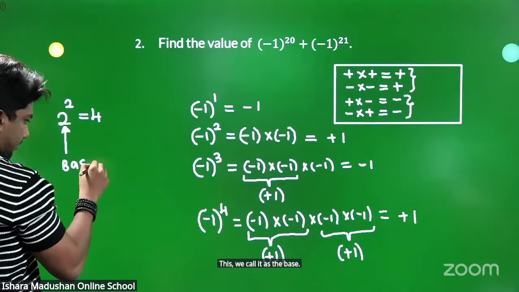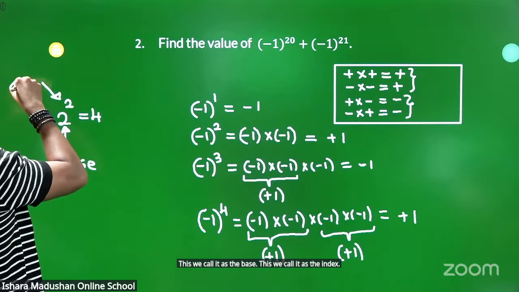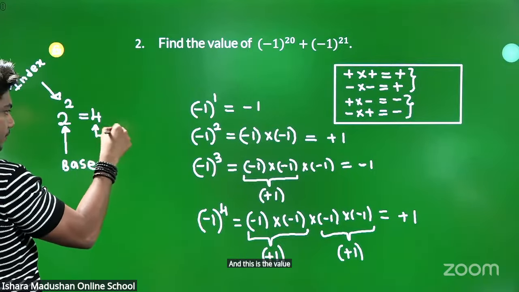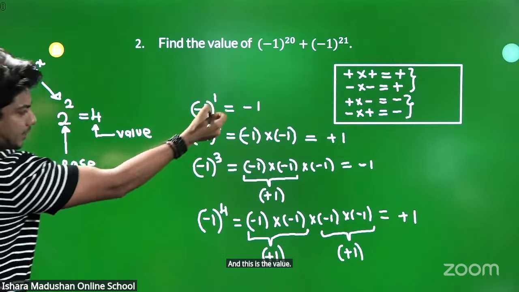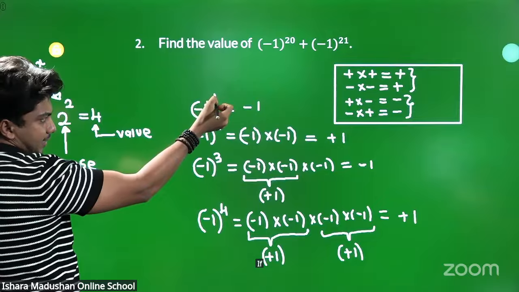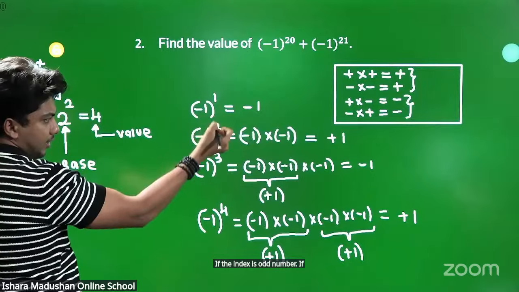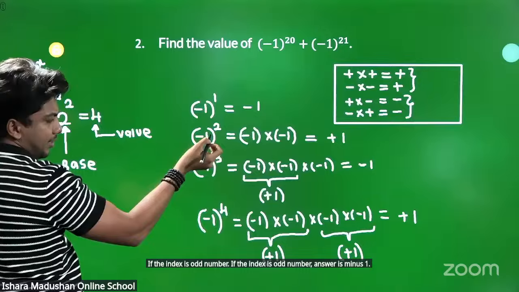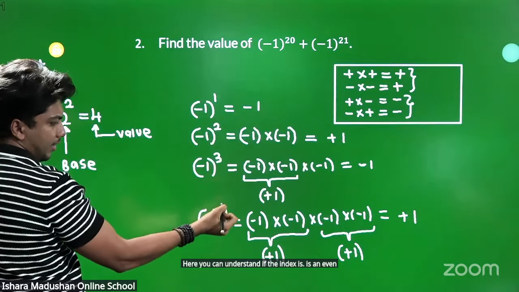This we call the index. And this is the value. So here you can understand that if the index is an odd number, the answer is minus 1. If the index is an even number, it is plus 1.